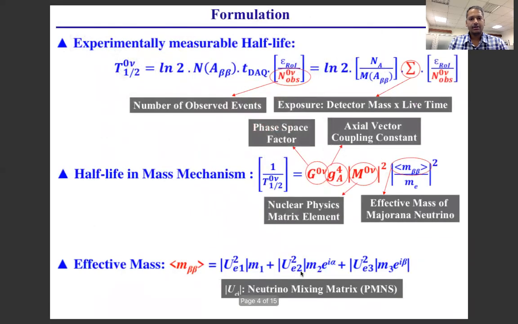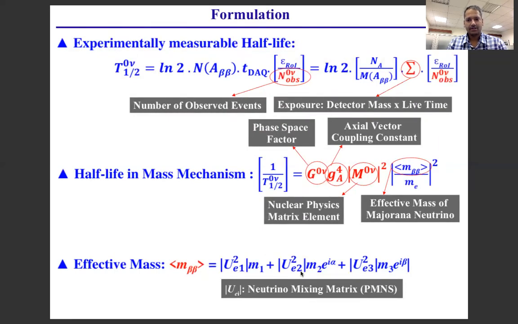The half-life of this decay can be calculated using the number of observed events, the detector mass, and the measurement time. The conversion of this half-life into the effective mass of the Majorana neutrino involves some theoretical parameters like the phase space factor, the axial-vector coupling constant, and nuclear matrix elements.